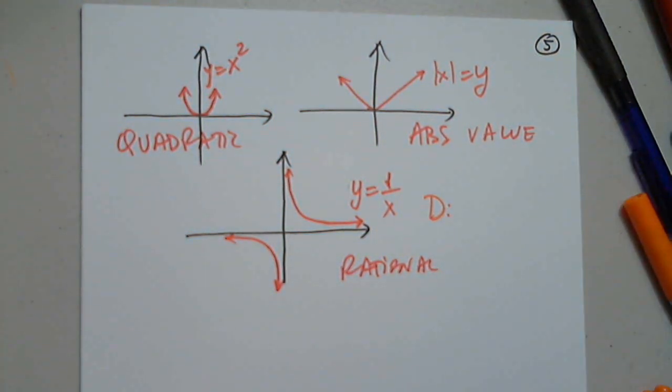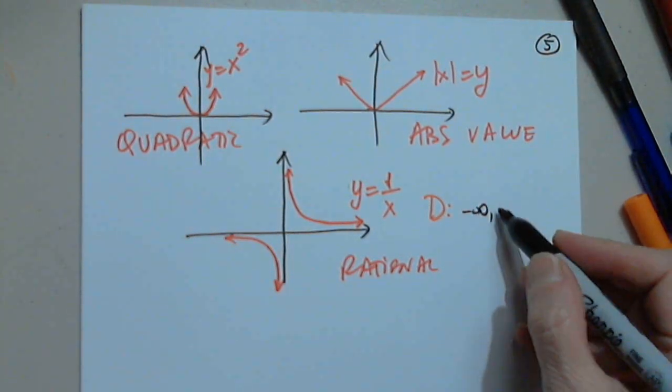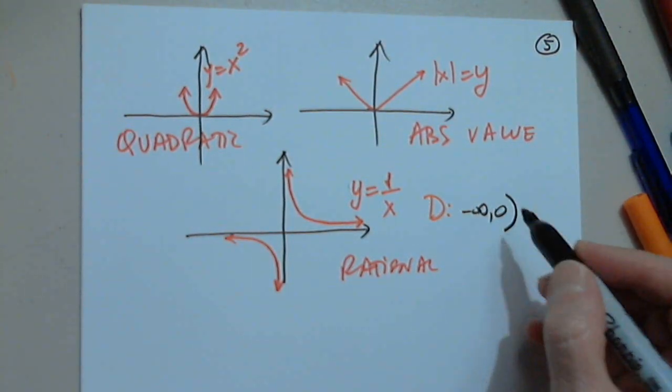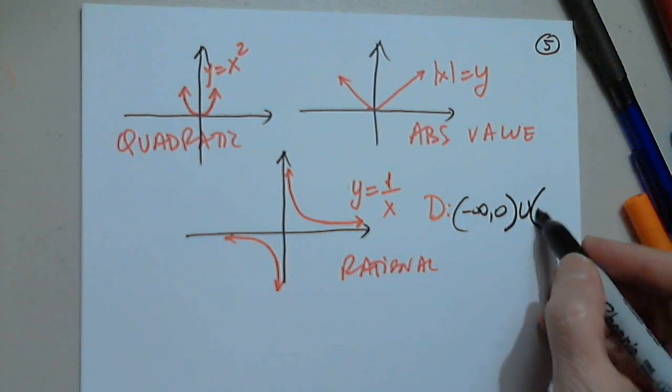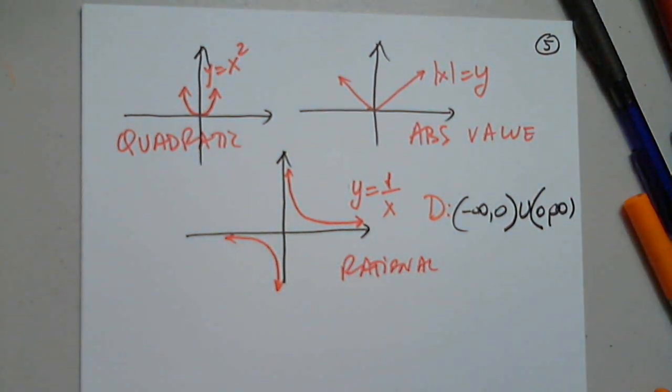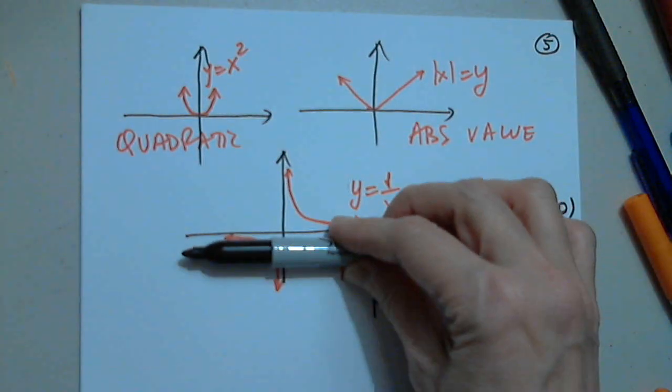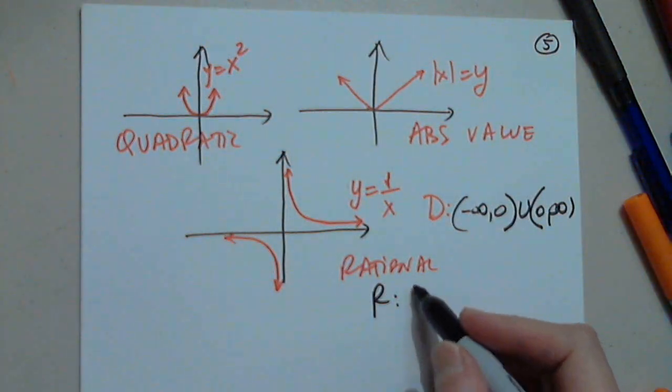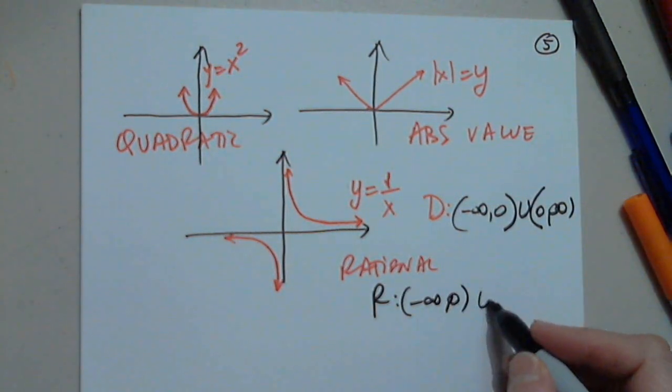Would it be negative infinity to 0, union 0 to infinity? Yes. In plain English, everything but 0. What about the range of this? Negative infinity to 0, exactly the same union thing. Yes, awesome. Brilliant. Thank you so much.